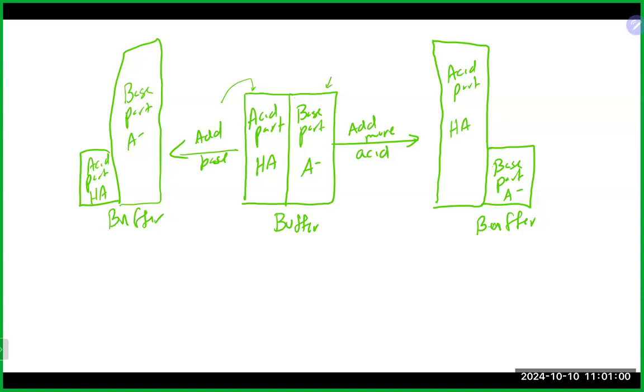So even though you add acid or base to a buffer, you're actually just going to use part of the buffer, but you're going to regenerate the other part of the buffer. So you keep regenerating them. It's also why a buffer can work for a good period of time, because even though you're using part of it, you're regenerating the other part, and you can go back and forth and adjust the pH accordingly. Again, there's a good amount in there to start with, so you don't get these big jumps.